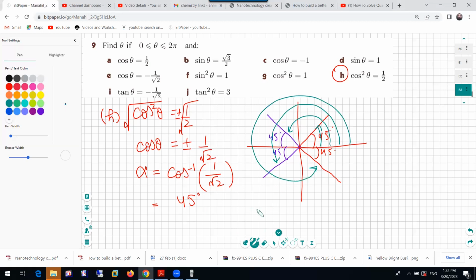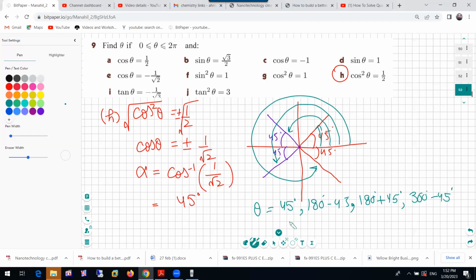So the values of theta: first value is 45, second is 180 minus 45. Third is 180 plus 45, right? And the last one is 360 minus 45.